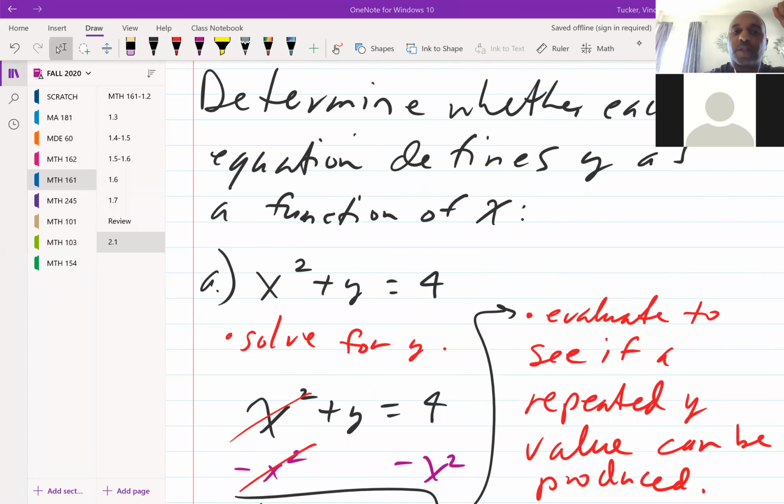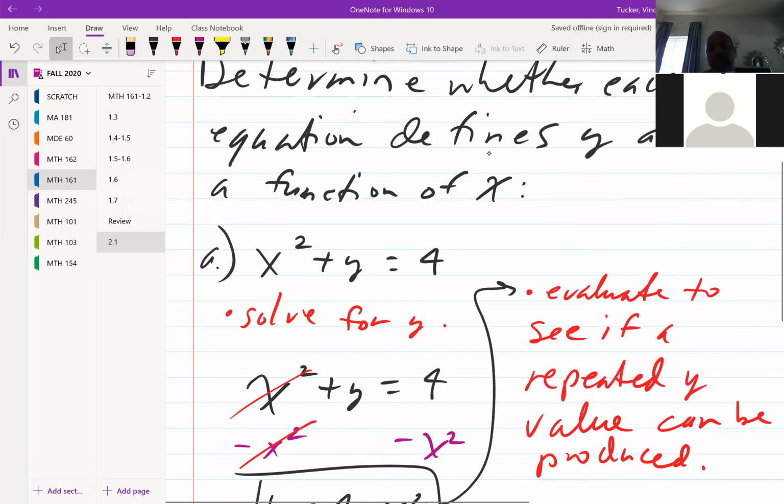Okay. All right. So we're going to take that equation, solve it for y. And then once we do that, we're going to evaluate the equation to see if a repeated y value can be produced. And I'll show you what I mean when we get to plug in.